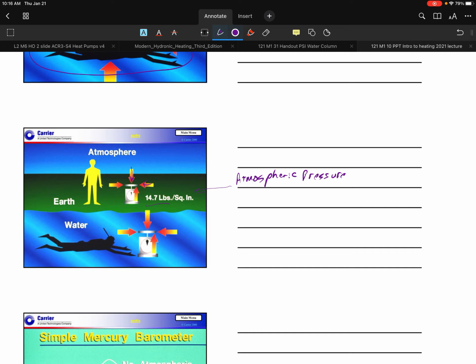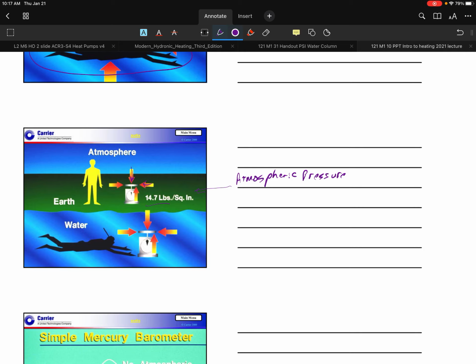All of the air pressure that is around us is basically the same at that point. The higher in altitude we go, that will change. We'll talk more about that.